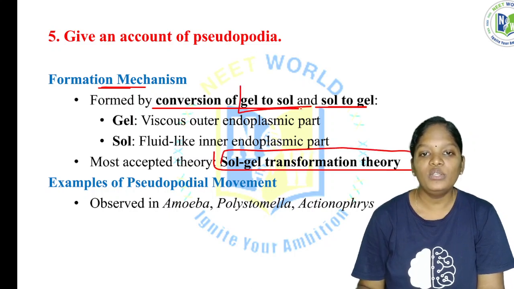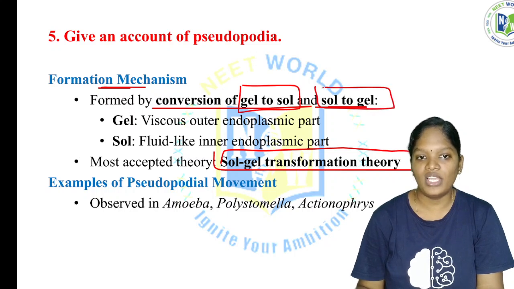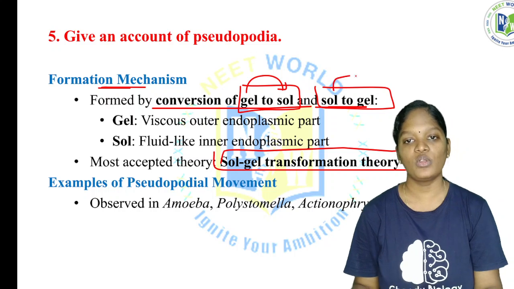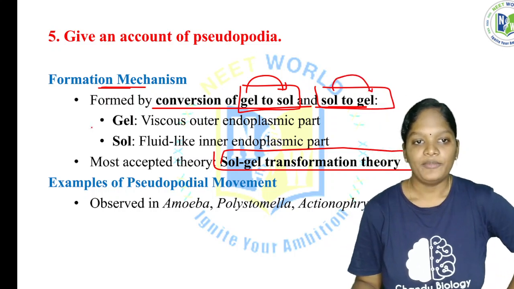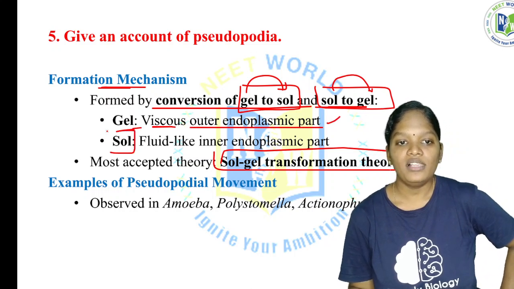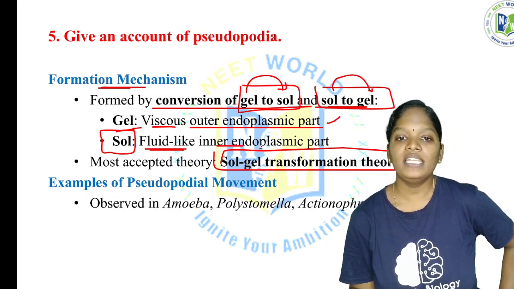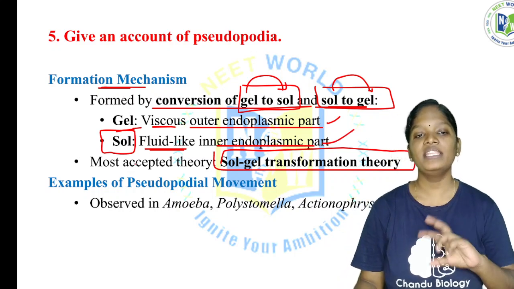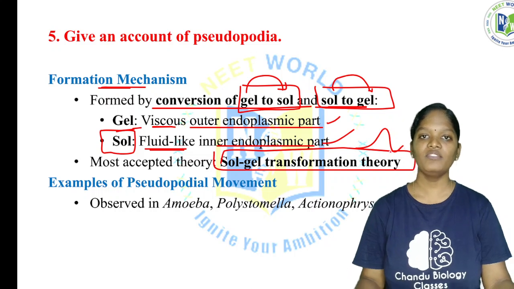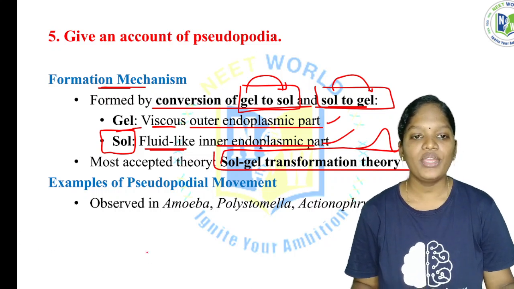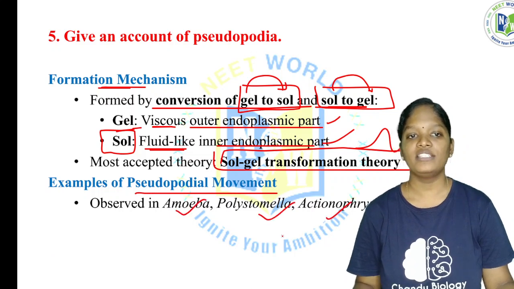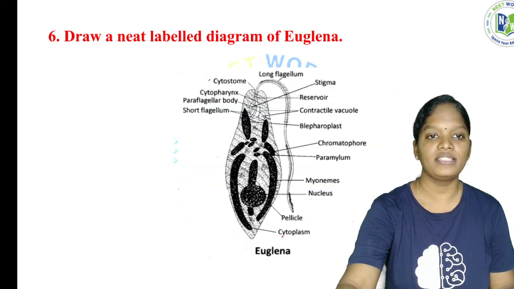Gel is the viscous outer ectoplasmic part, and sol is the fluid-like inner endoplasmic part. During this conversion there will be an extension, which we call a pseudopodium. Examples of pseudopodial movement are amoeba, polystomella and actinophores. These are the best examples.